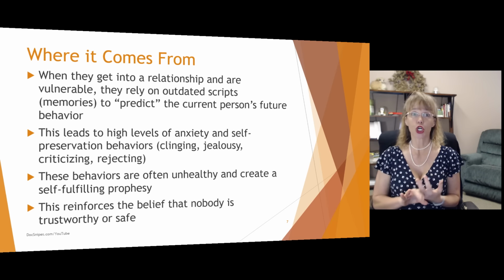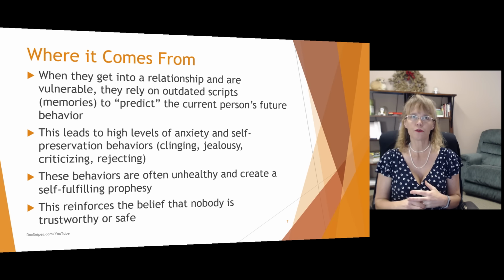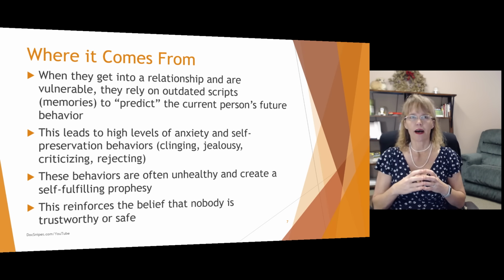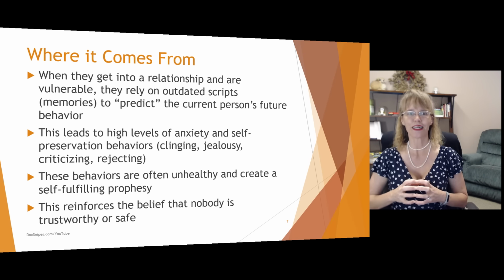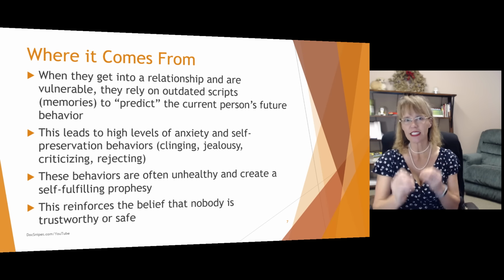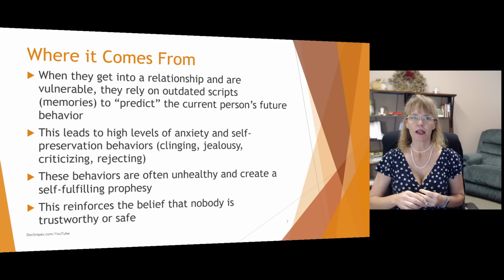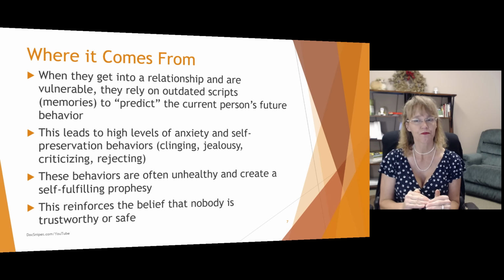Or they may start criticizing the other person. They don't think it out this way, they don't mean to try to cut somebody down. But if they start criticizing the other person, they may feel like they can make the other person less likely to leave because they've lowered that person's self-esteem.